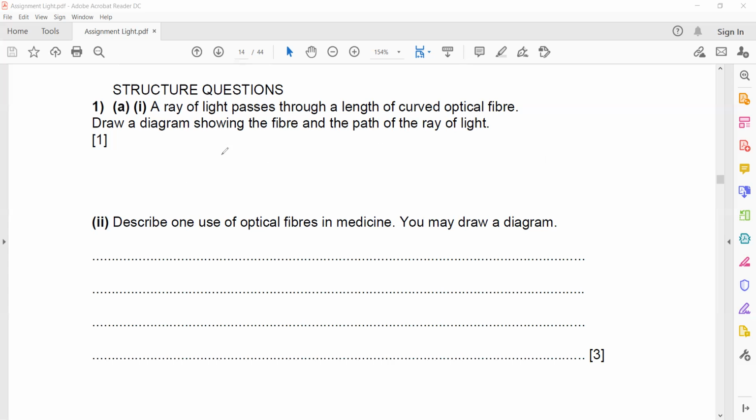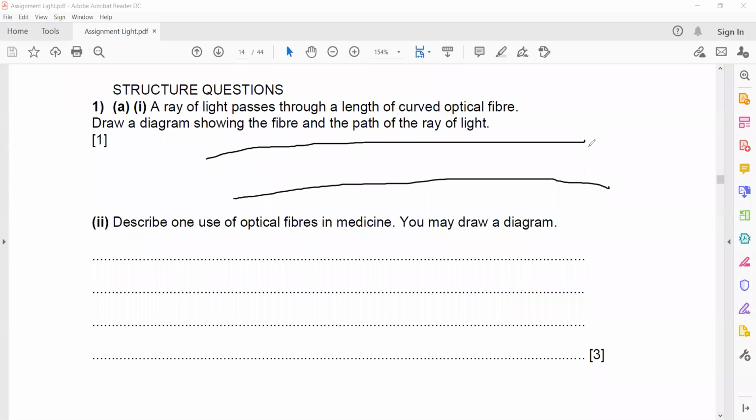How do you represent this? In optical fiber or fiber optic, light will undergo total internal reflection. What is total internal reflection? When the angle of incidence is more than the critical angle, instead of the light refracting, meaning going out from the surface, it will bend or be reflected back in the same medium. We call it total.